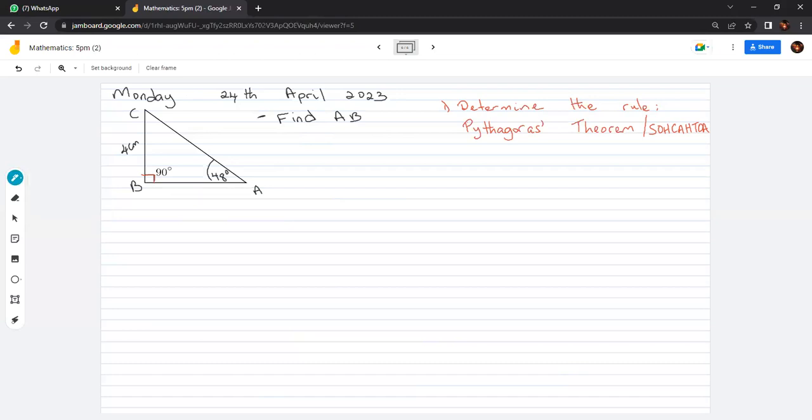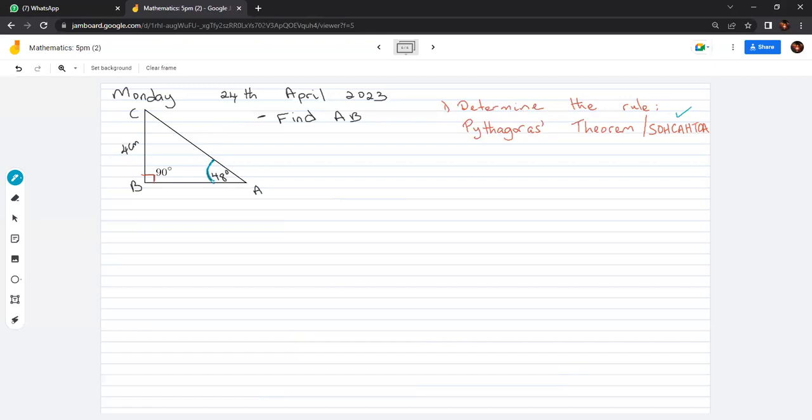Now, once an angle is given, or if they ask you to find the size of a particular angle, once angles are considered, we have to use SOHCAHTOA.